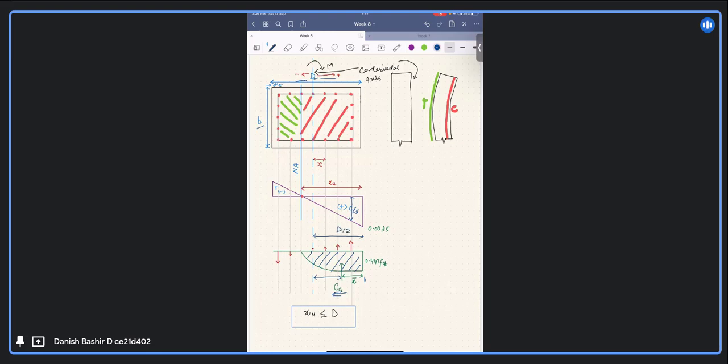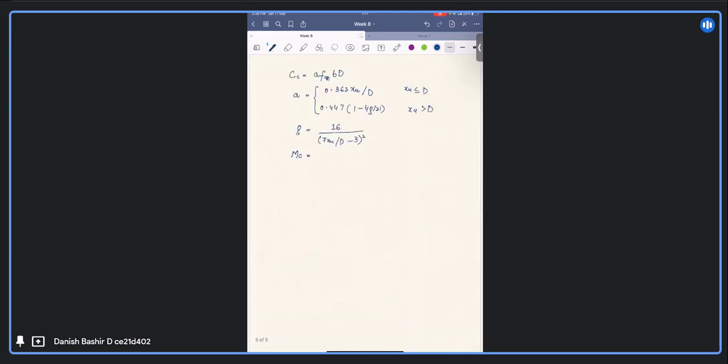This distance will be D by 2 minus X bar. So if I have to write the moment about the centroidal axis for CC, I will write MC as CC times the lever arm. The lever arm here is D by 2 minus X bar. Same, I will write the formula for MC as CC times D by 2 minus X bar.